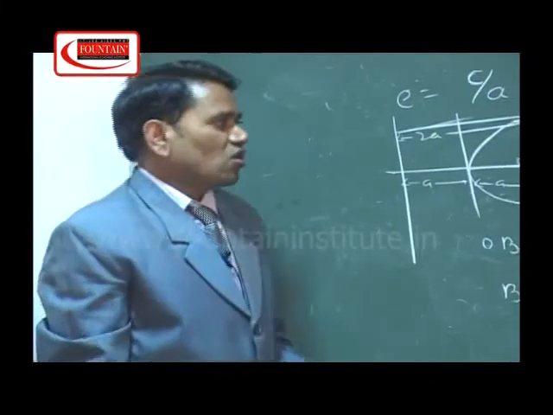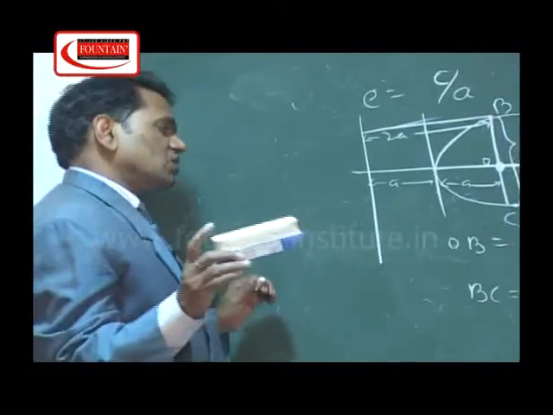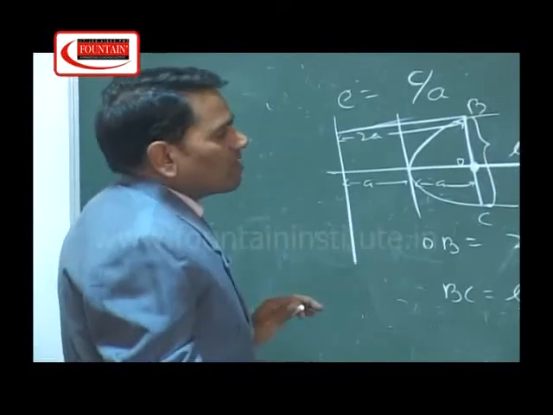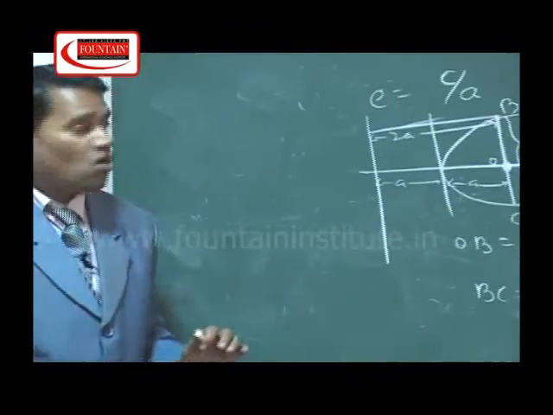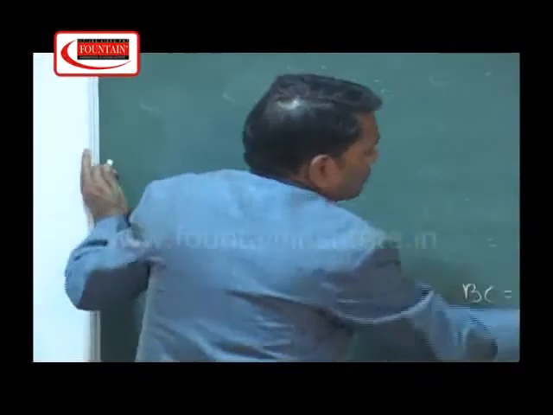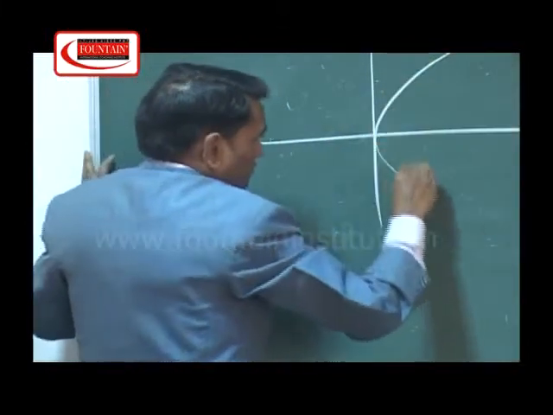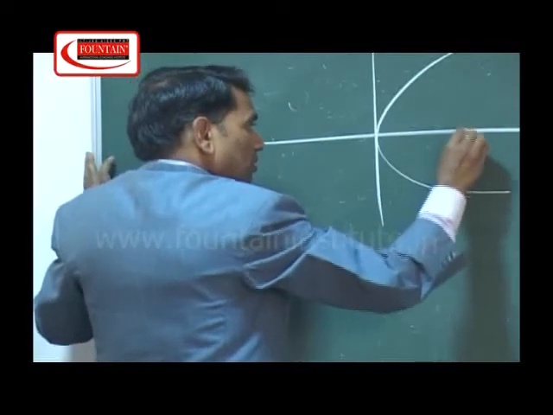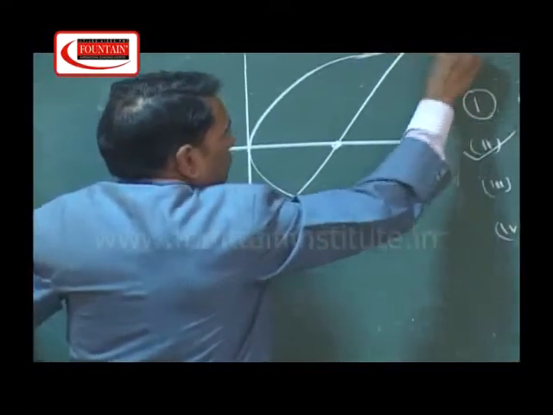Now the third one is the focal chord. You might ask, sir, what do you mean by focal chord? A chord of the parabola passing through the focus of the parabola is a focal chord. Suppose this is a focal chord, and this is also a focal chord.